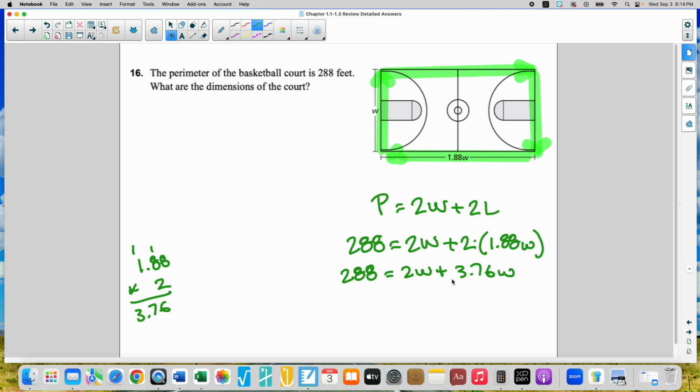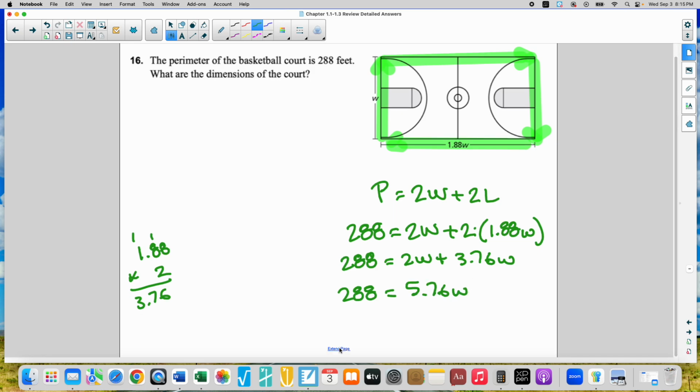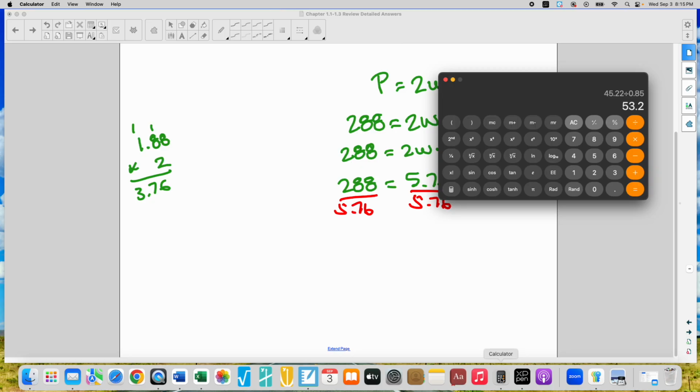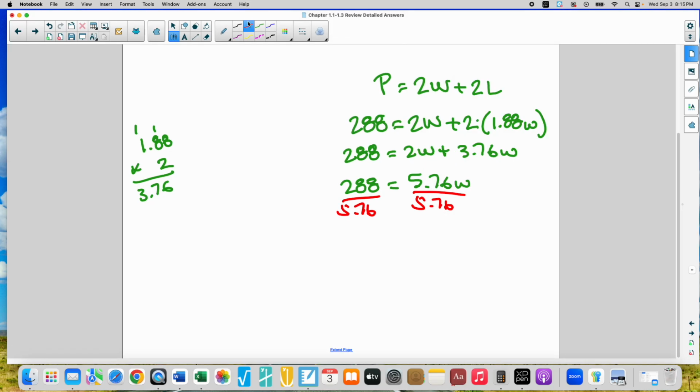Now we're going to add these two like terms. 288 equals 5.76W. We're going to divide both sides by 5.76. For efficiency purposes, 288 divided by 5.76 equals 50.